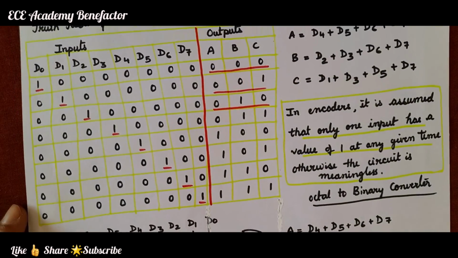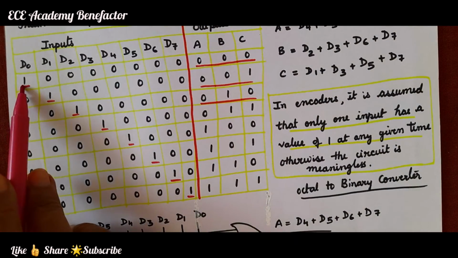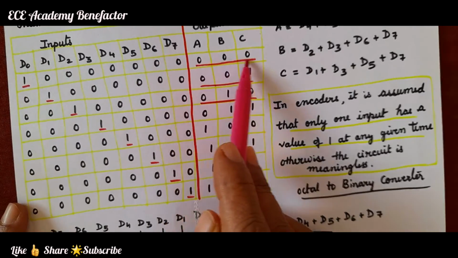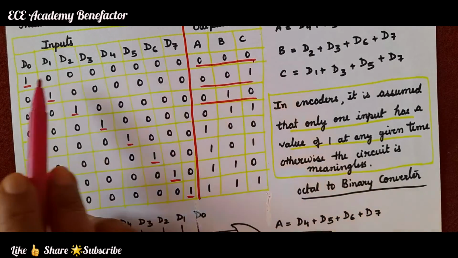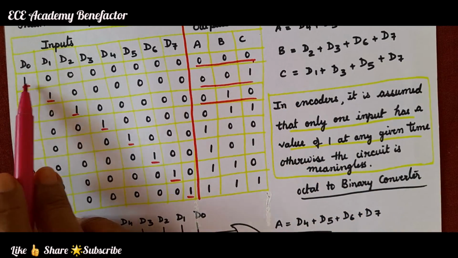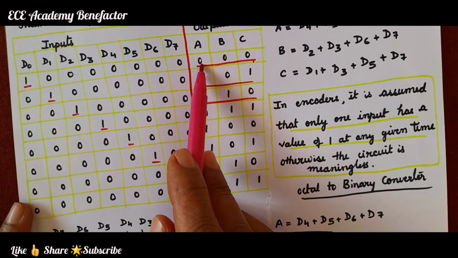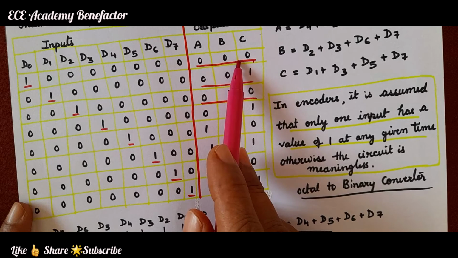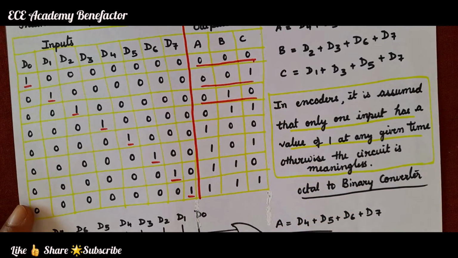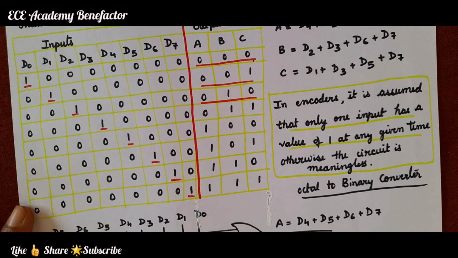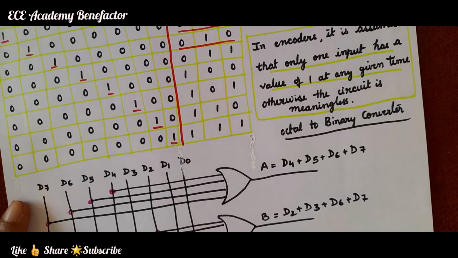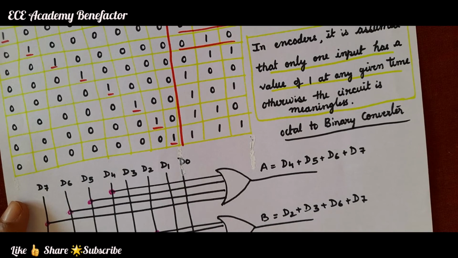So when D0 is 1, all the outputs are 0, and the second condition is when all the inputs are 0, what will be the output? Obviously it will also be 0. So there is a slight ambiguity here. So this is the limitation of the octal to binary encoder, or else the other things I hope it is clear.